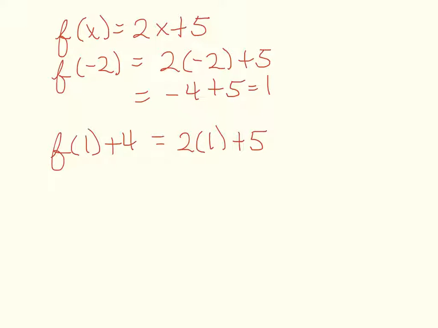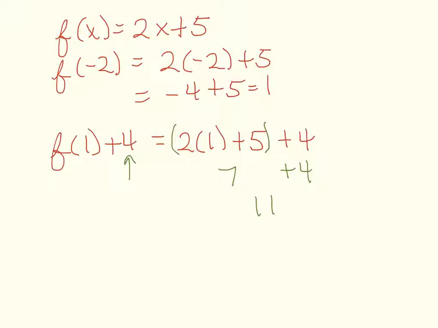And then at the end, we would add 4 to that. So 2 times 1 is 2, plus 5 is 7. That part represents the f of 1. But then we need to add 4 to it. So we add 4, and we get 11. Okay? So that's basically what you're going to be asked to do on tonight's homework.